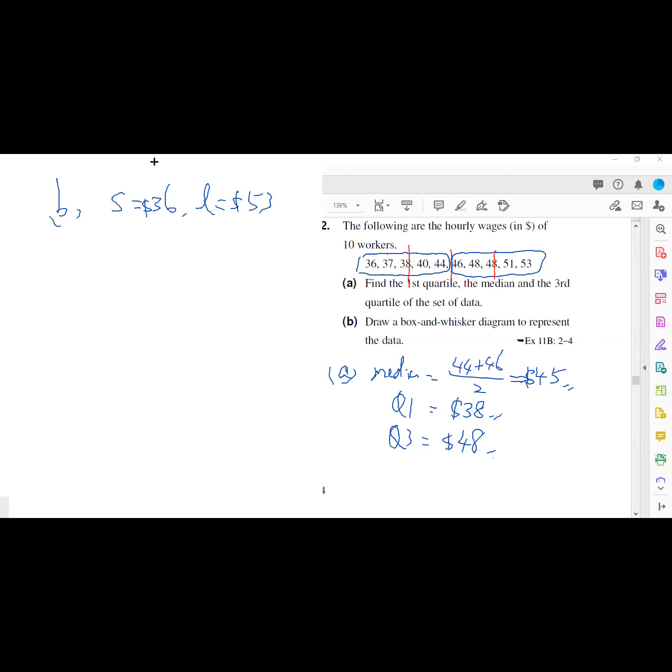Draw the axis. 好啦，嗱呢度就大概啦，我哋最細就係36，最大就53。咁我哋由35開始啦，跟住就40，先可以闊少少都得。40、45、50、55咁樣，OK？大概嘅啫。And then we mark on the axis, mark the 5 numbers on the axis. It's 36, and then Q1 is 38.